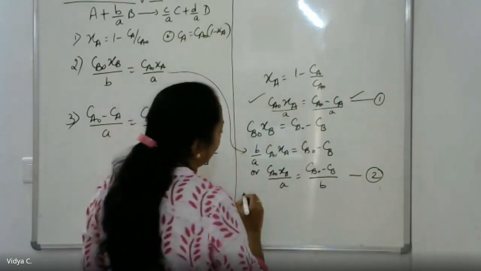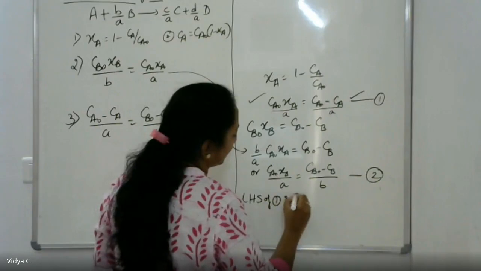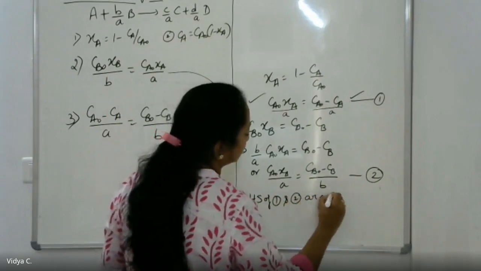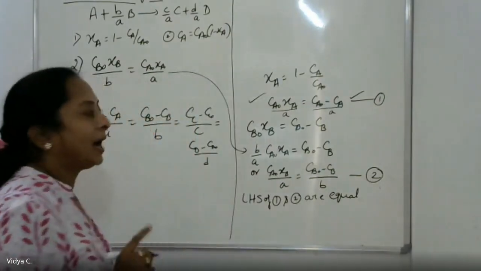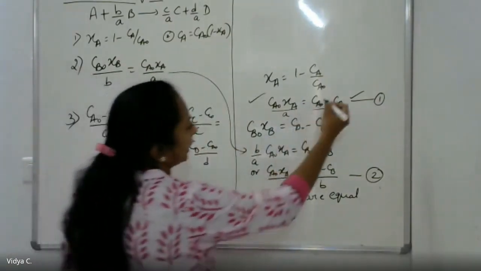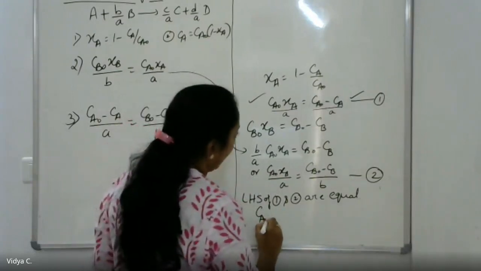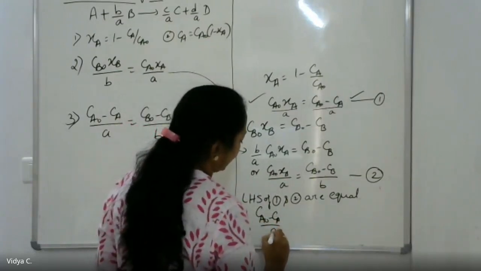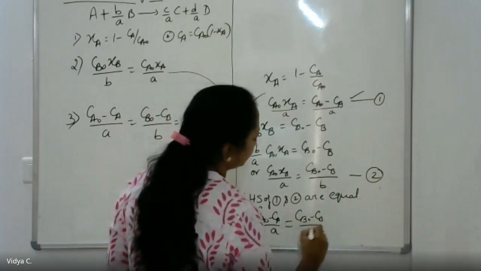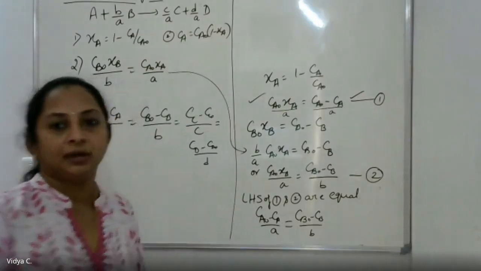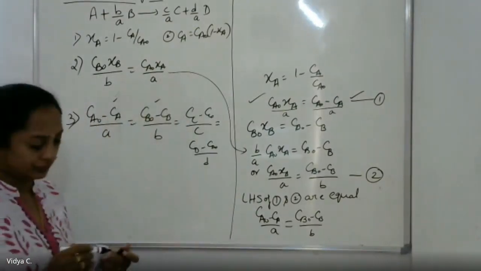If I do that, LHS of 1 and 2 are equal. So what can I conclude? The RHS is equal. So CA naught minus CA by A will be equal to CB naught minus CB by B. So these two relations are proved.